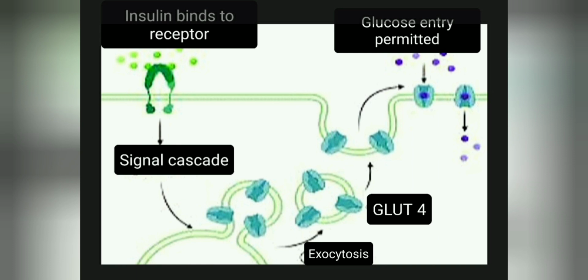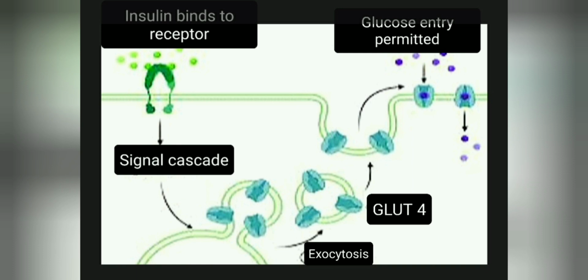So what is happening when there is binding of ligand? The vesicles where these transporters are packaged are translocated to the plasma membrane and they fuse with the membrane. That means GLUT4 is translocated to the cell membrane.